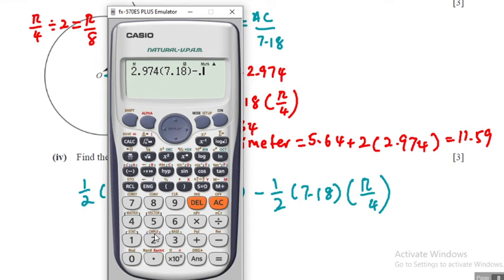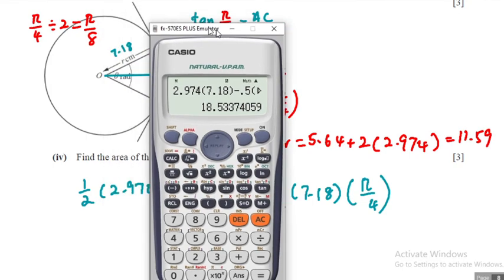Sorry, careful in pressing. Times 7.18 times pi over 4. That's it, right? Just type accordingly, we should be able to get the answer, which is 18.53.